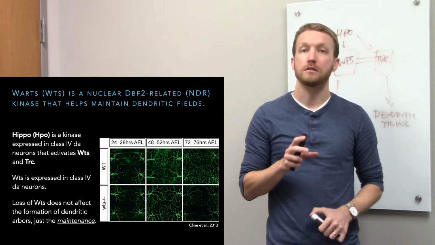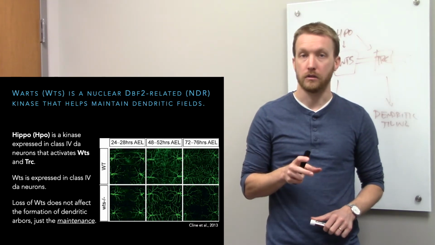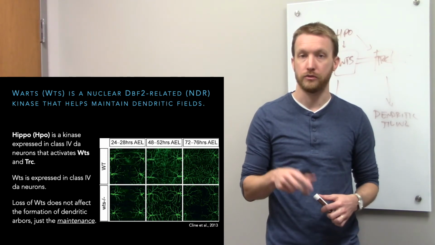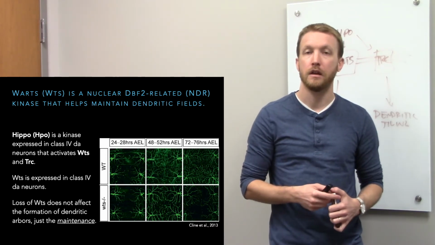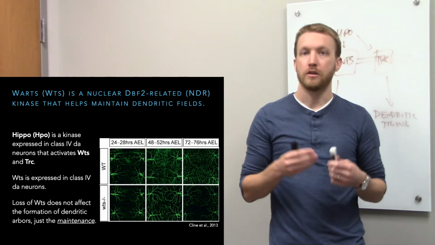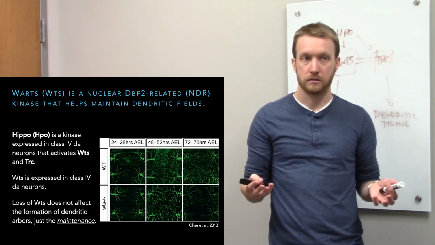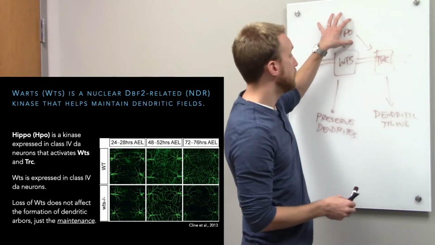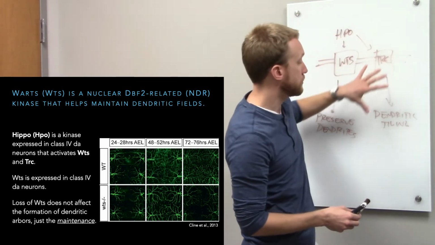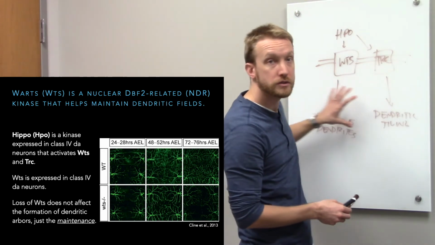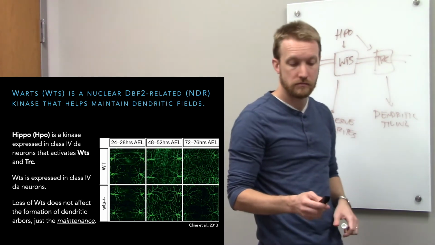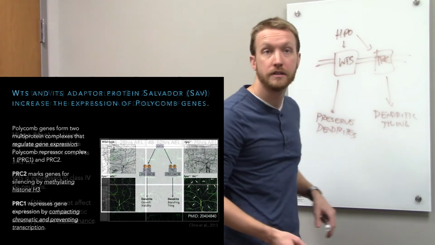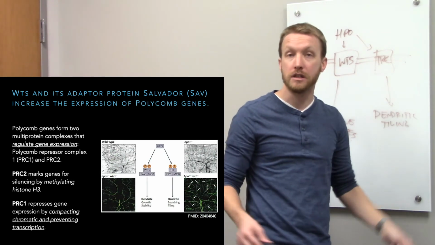In a warts knockout, we create our dendritic tiles. Everything seems okay about 2, maybe 2.5 days later. But at about day 3, the dendrites are lost. So we need HIPPO interacting with surface proteins to help us create our dendritic field, but then also to maintain it. What the HIPPO-warts interaction is doing to maintain our dendrites is modifying gene expression.